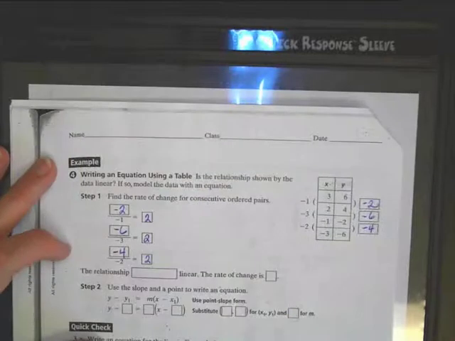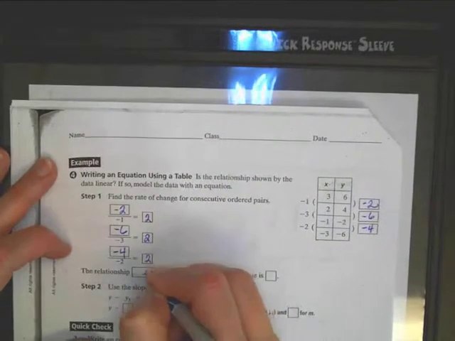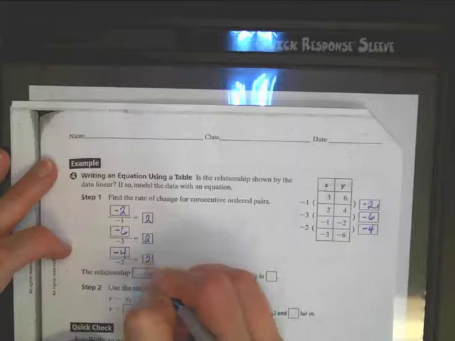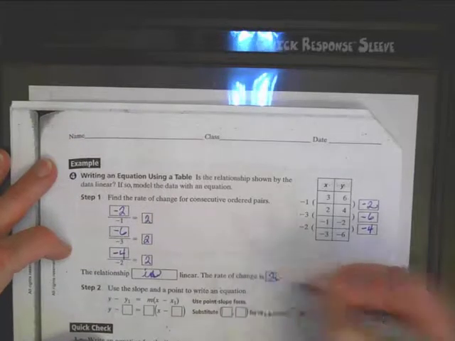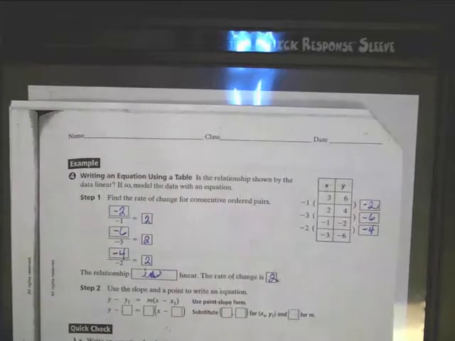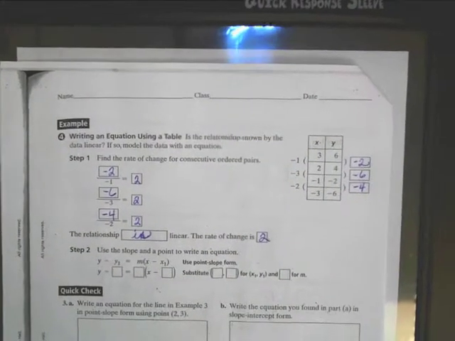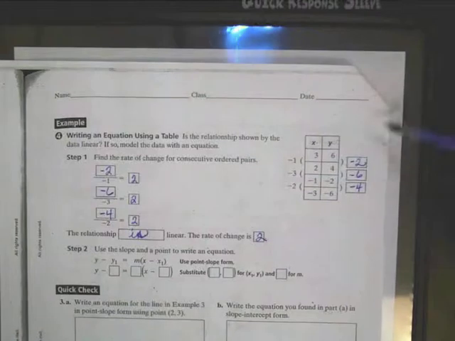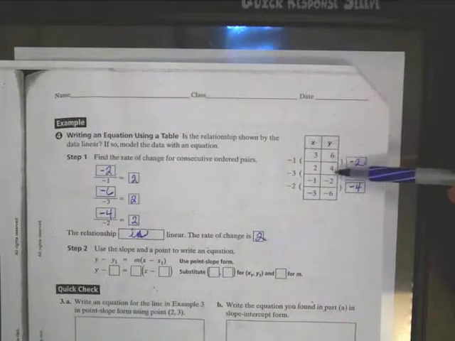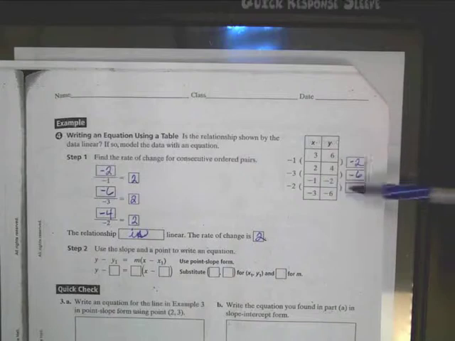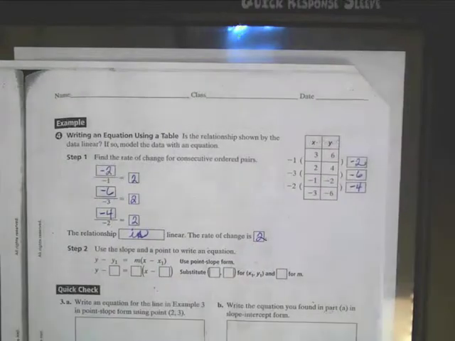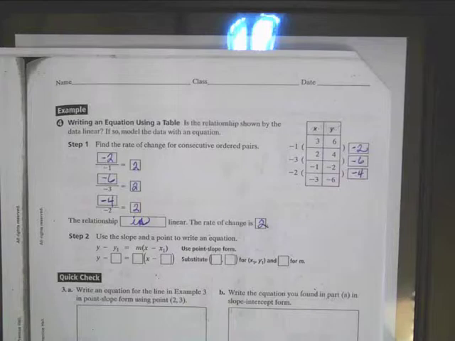Here, the change is negative 2 for x, so again, that simplifies to 2. So the relationship is linear, and the rate of change is 2. Okay, so again, I just figured out what do I have to add to 6 to get 4. I had to add negative 2, and so on.